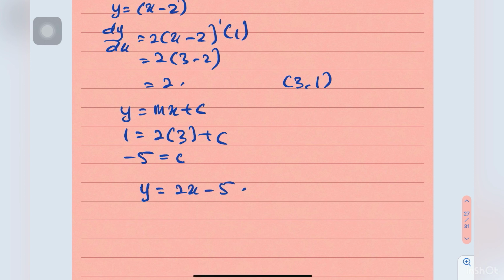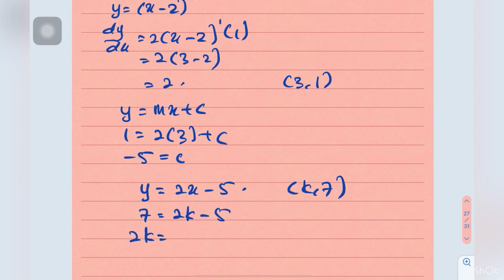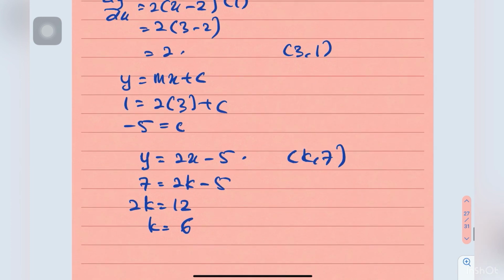This tangent passes through point (k, 7), so to find the value of k, you substitute this coordinate into the equation of tangent. y is 7, x is k. So k is 12 over 2, which is 6. So k is 6.